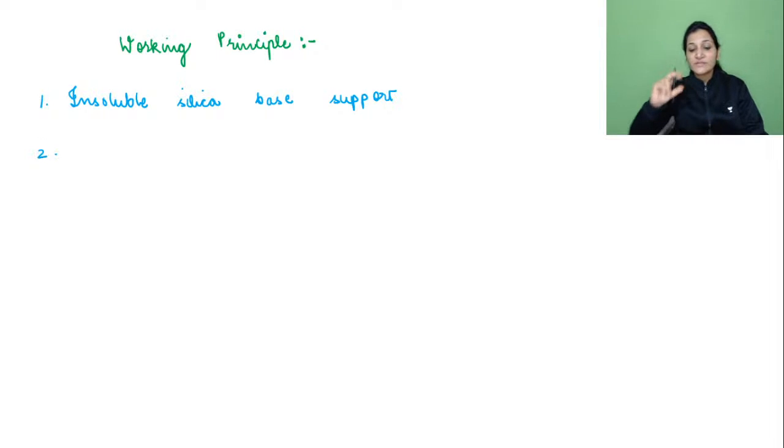Then development of stable deoxyribonucleoside phosphoramidites as synthons, which are stable to oxidation and hydrolysis and ideal for DNA synthesis.